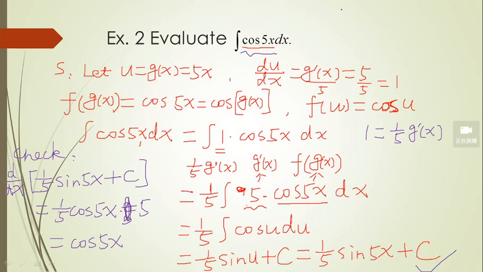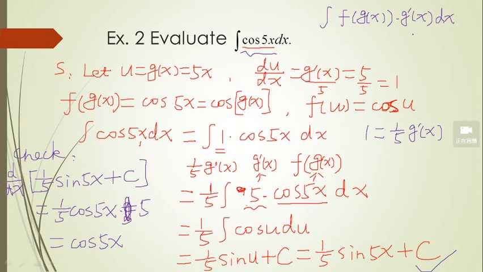Because we are trying to write it in this format, f(g(x)) times g prime. And especially we notice that here the g prime is a number, 5. It's not an x term because it's a linear function, so the derivative gives a constant.